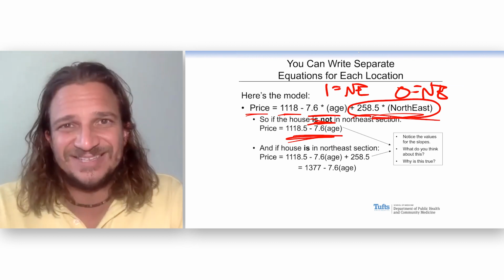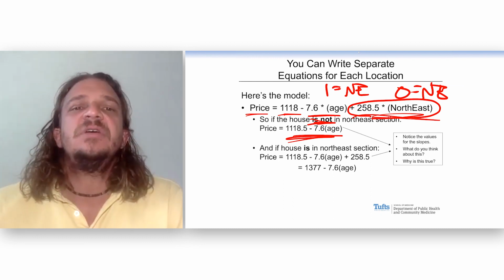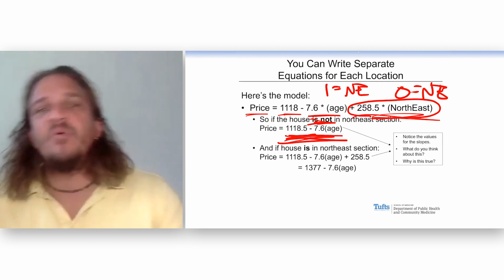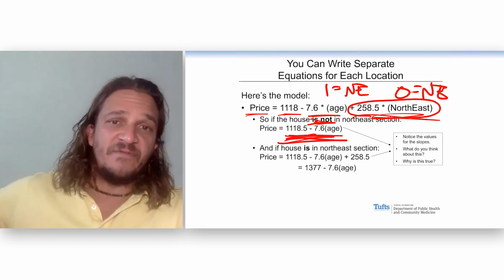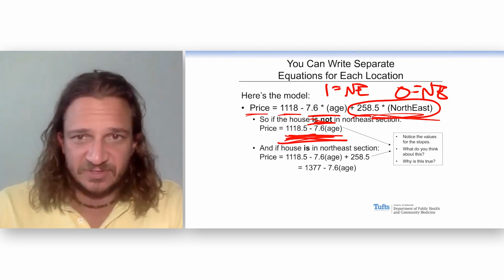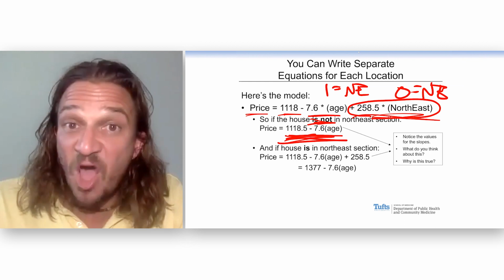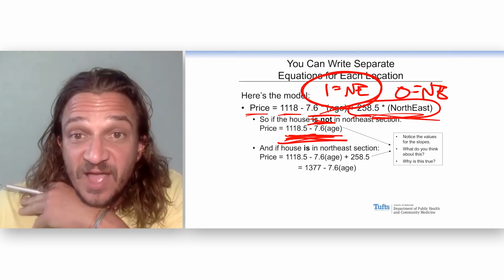Now this data set is priced in hundreds of dollars. You can't actually buy a house for this price. So price is this minus 7.6 times age. That's the slope. That is the effect of age on the price of the house for houses not in the Northeast. What about for houses that are in the Northeast? Well, if they're in the Northeast, you have a 1 for that value.